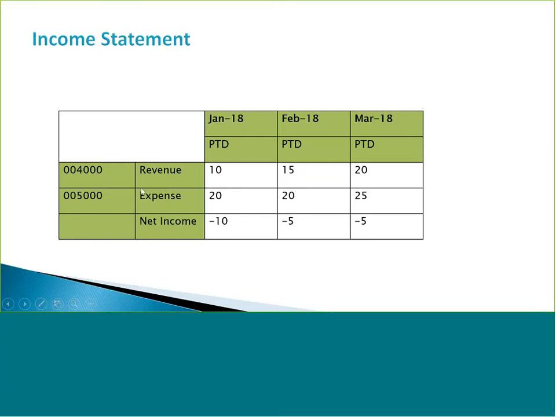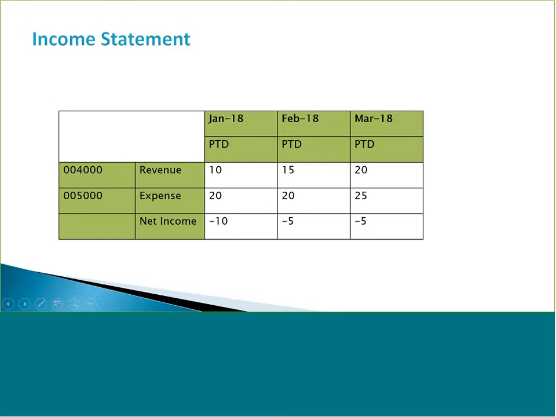So our third row for the net income is going to be a calculation row, and we are going to see how to do that. We are going to subtract expenses from revenue to get net income.